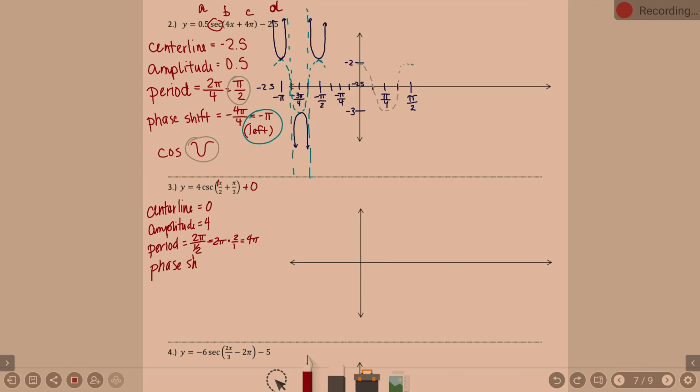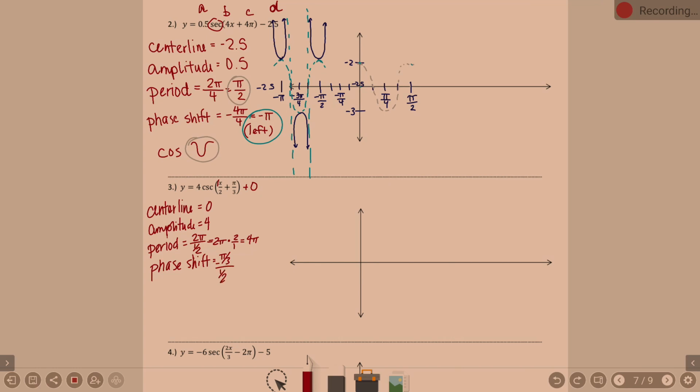And phase shift. What are your thoughts on phase shift? Okay.